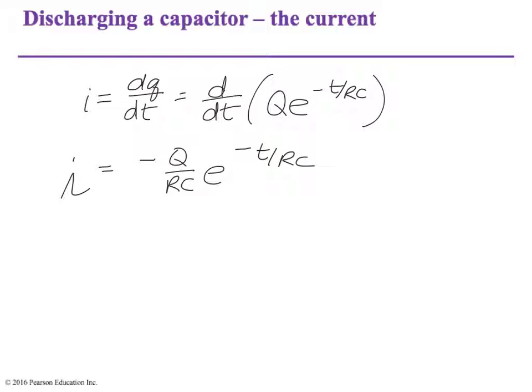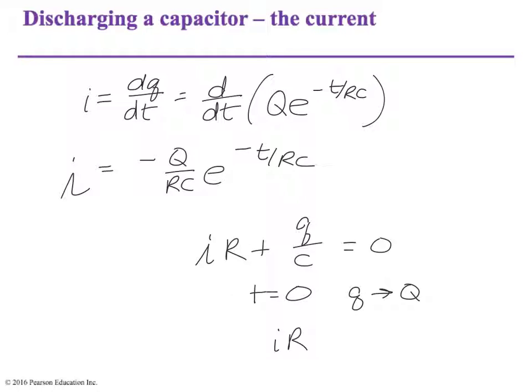But if we go back to the expression that we integrated to find the charge, which was I times R plus Q over C equals 0, we could say that when t was 0, when we first started, the charge was the full charge, so this would be I times R plus Q over C equals 0.